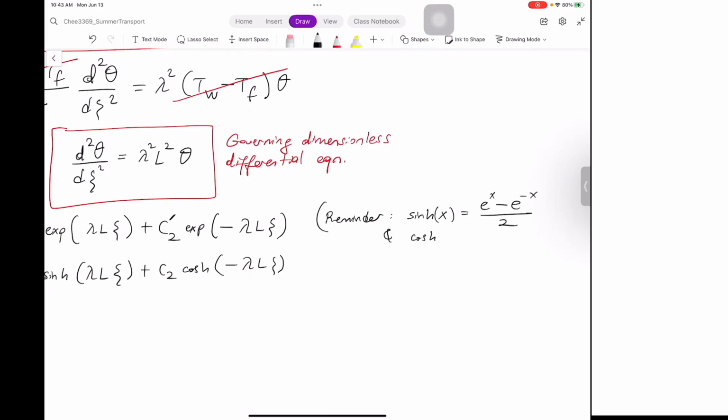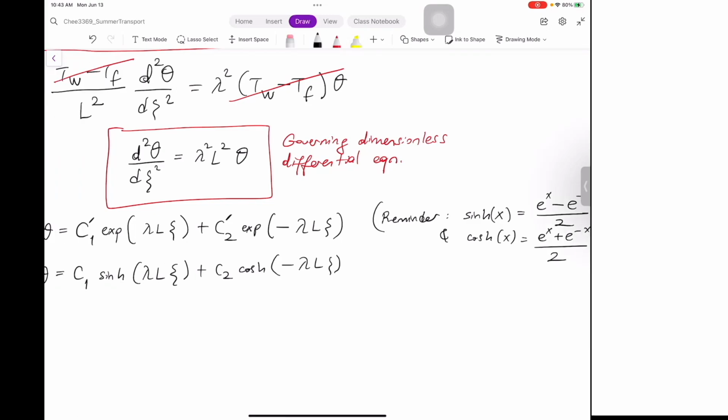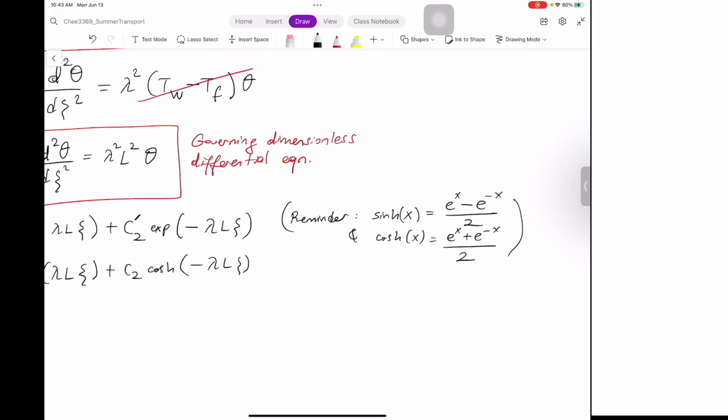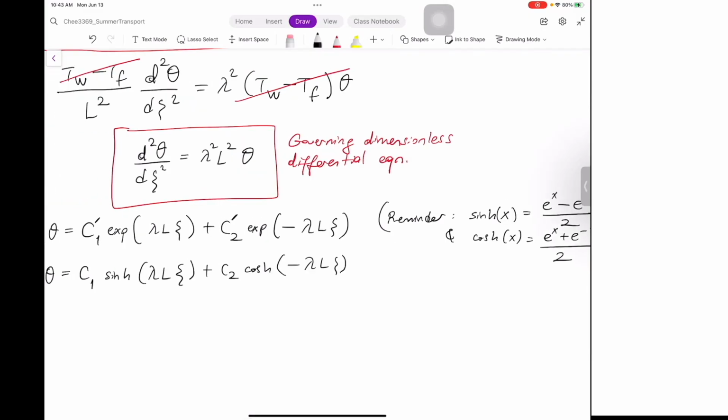And cosine hyperbolic x is equal to e to x plus e to minus x over 2. The reason why they call them sine hyperbolic, cosine hyperbolic, they actually don't have anything to do with sine and cosine. Well, actually, they have it very indirectly, but the properties of sine hyperbolic and cosine hyperbolic resemble the properties of sine and cosine. When you take the derivative of sine hyperbolic, you get the cosine hyperbolic, and derivative of cosine hyperbolic is the sine hyperbolic. And the sine hyperbolic 0 is 0, while cosine hyperbolic 0 is 1. So they actually look similar, although they are completely different functions with different natures.